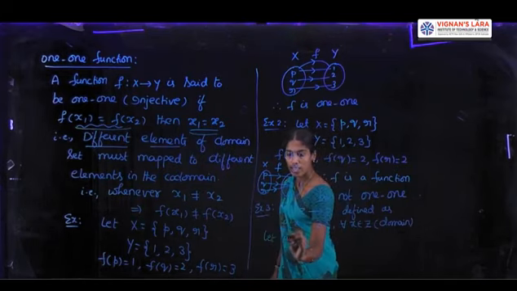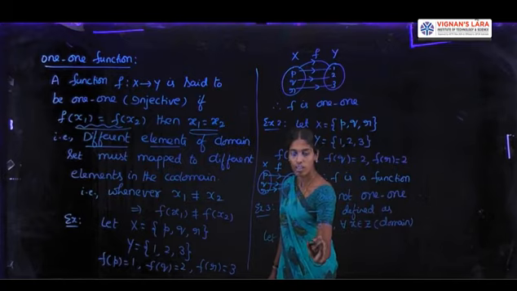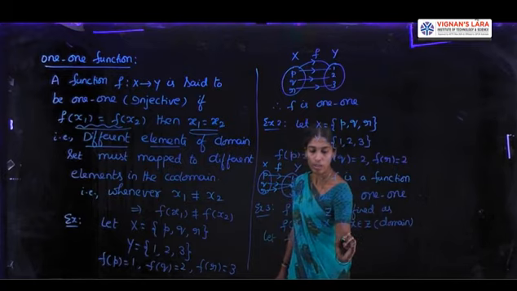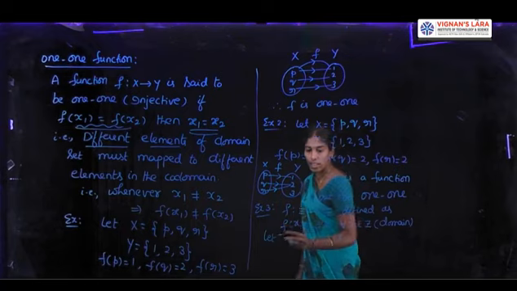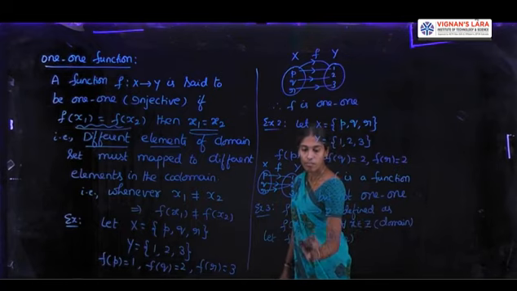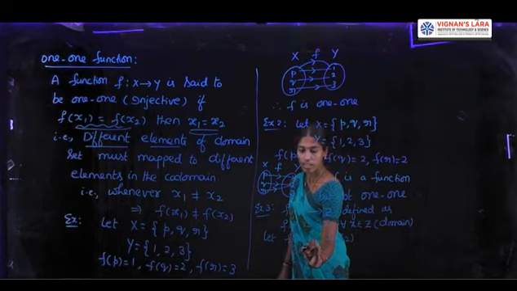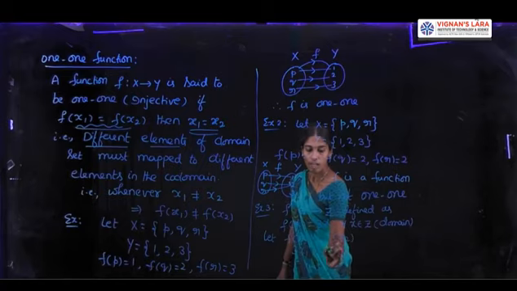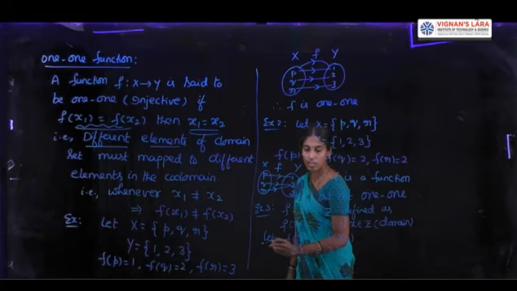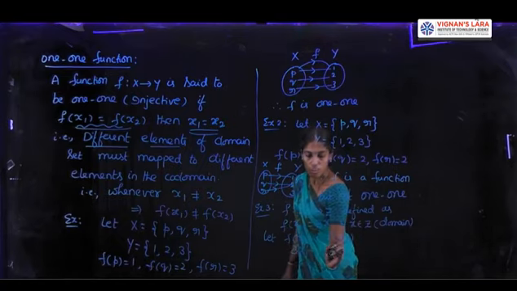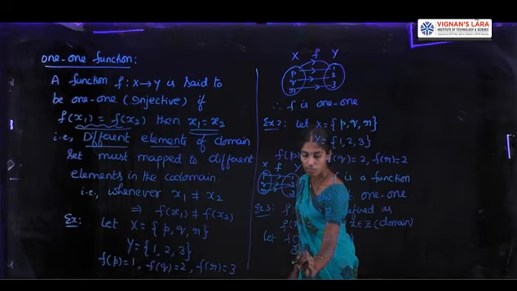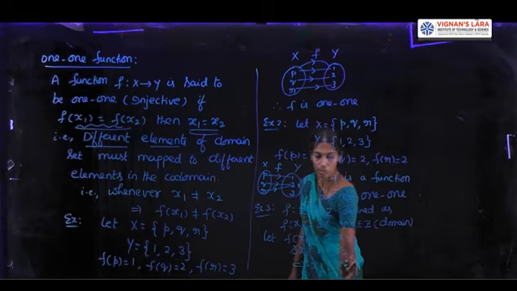So let us assume f(x1) = f(x2). As per the definition, f(x1) is 3x1, f(x2) is 3x2. So on both sides 3 gets cancelled. We will get x1 = x2.